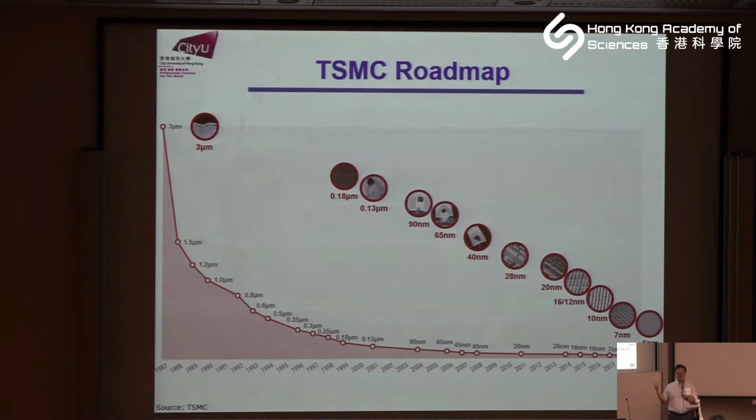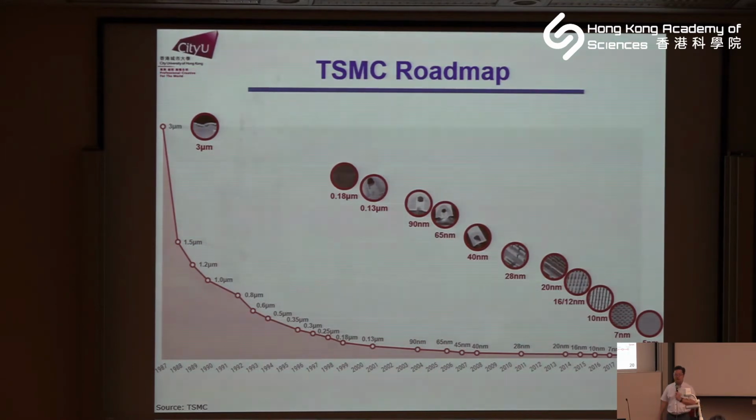Okay? So its roadmap is also very similar to the Intel roadmap. Back at 40 nanometer technology, it was still a planar structure, in 2007, 2008. But stepping down to 20 nanometer, it went to the 3-dimensional fin structure. And all the way to right now, actually 5 nanometer is in production.